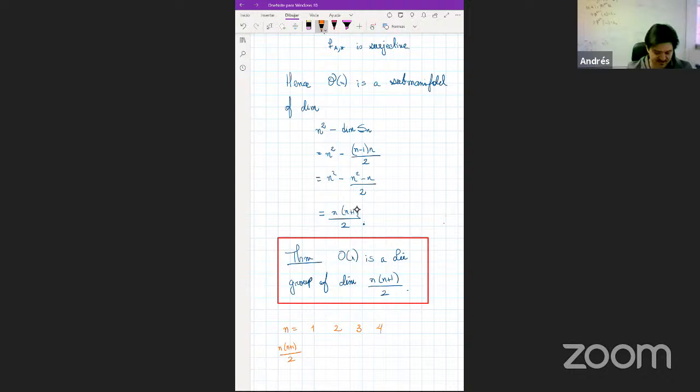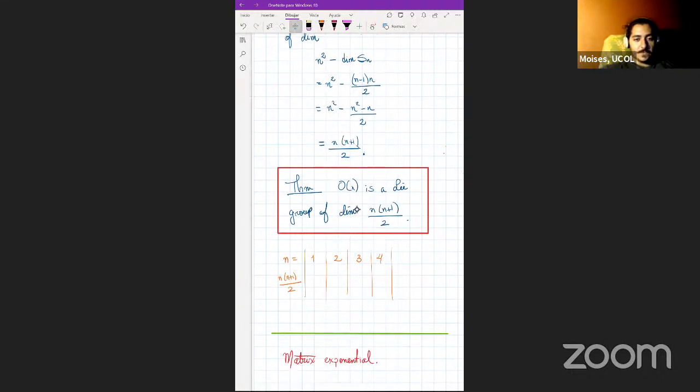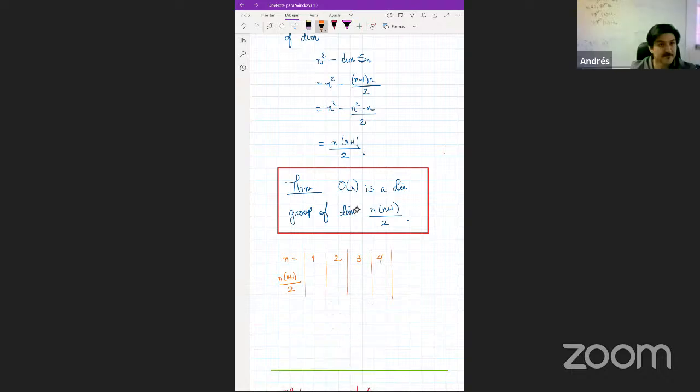For n equals 1, what do we have? We have 1. 1, okay, what else?